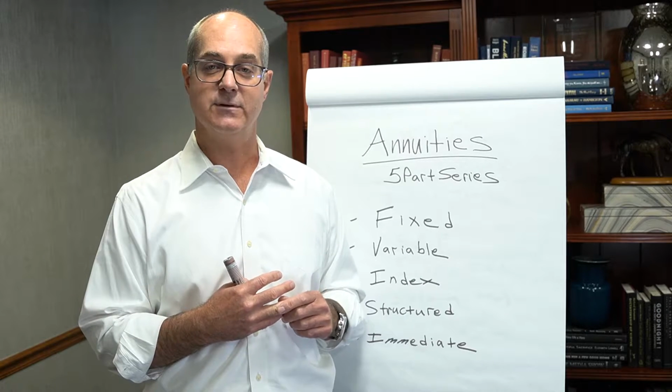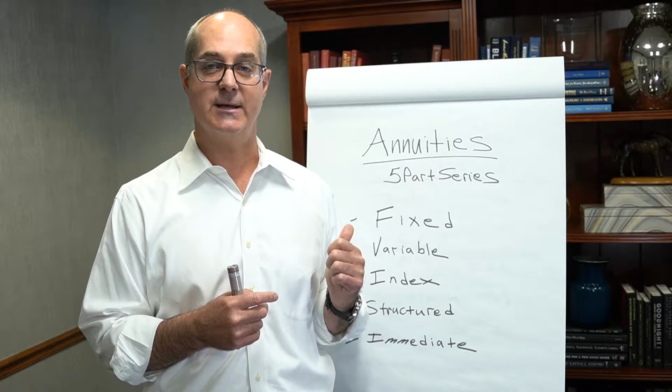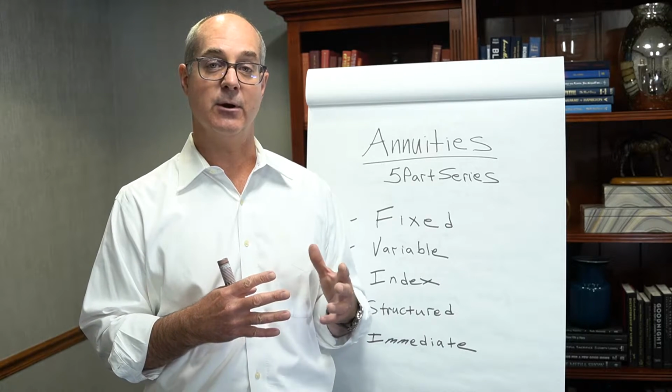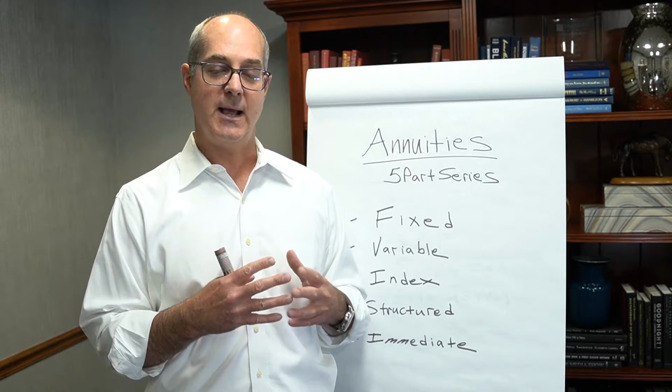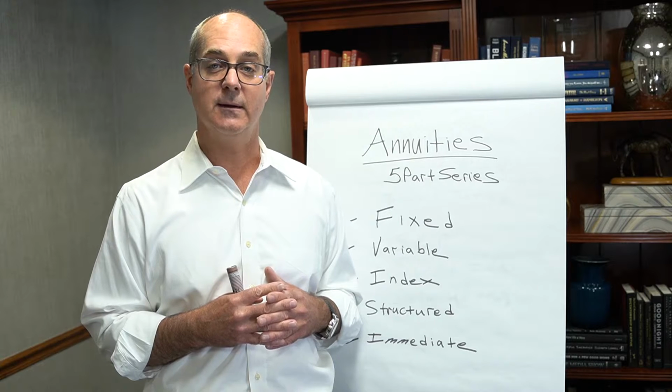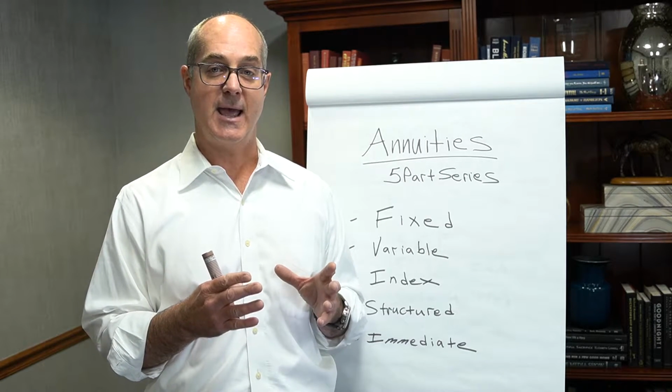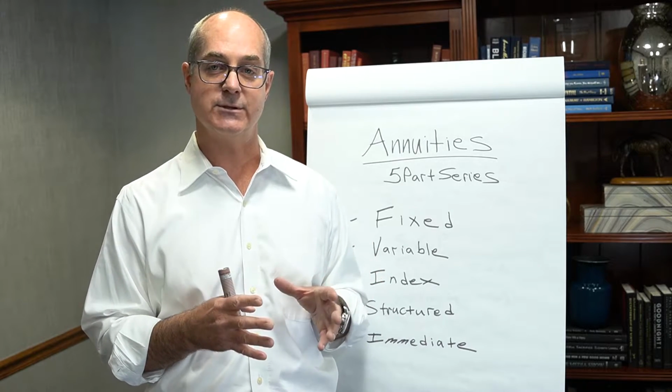And if you saw my first video, you would know that annuities are tax deferred. So oftentimes the conversation is you have money in a CD, maybe you're earning 1.25%. But by the time you end up paying taxes on that interest every year, you might have a much lower net rate of return.